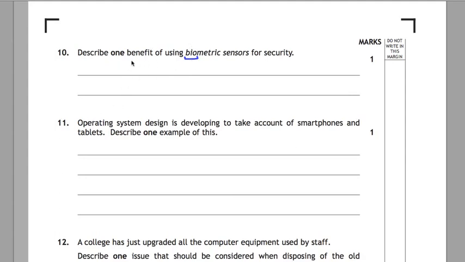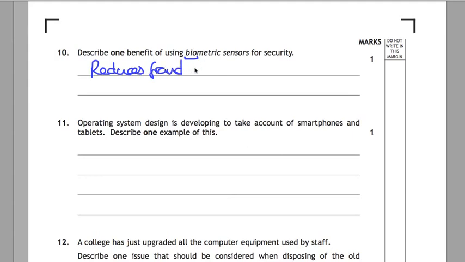So what we've got is, there's quite a few benefits here. First one, it certainly reduces fraud, because you can't forge a fingerprint.